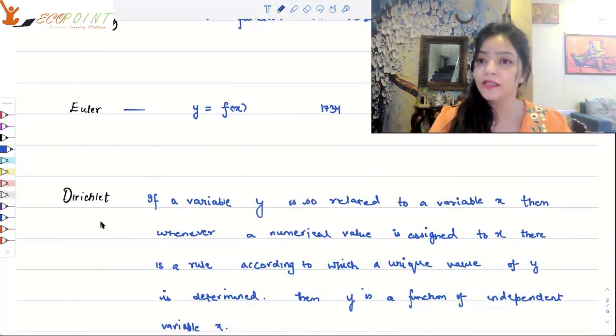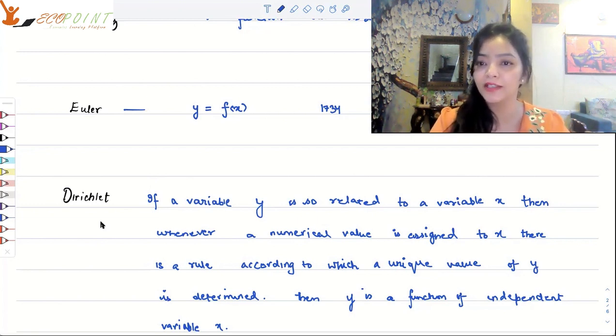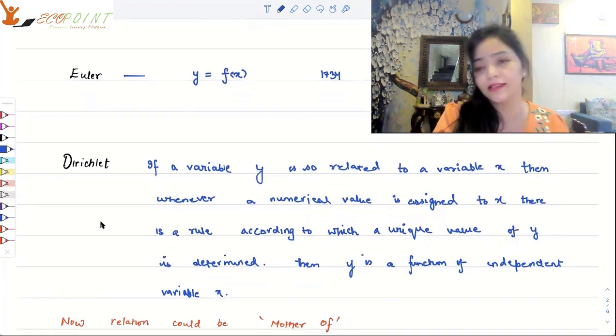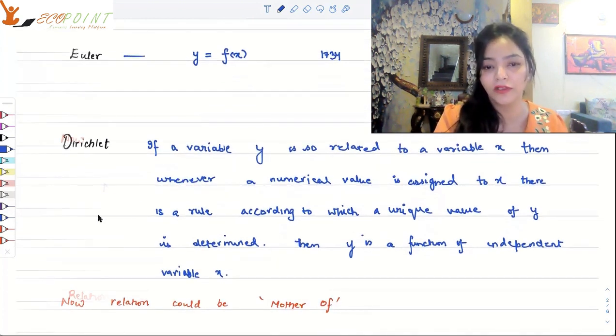It is said that Dirichlet gave the modern definition of a function. He provided the definition that if a variable y is so related to a variable x that whenever a numerical value is assigned to x, there is a rule according to which a unique value of y is determined, then y is a function of the independent variable x. And yes, that's the definition that we actually take up for function.